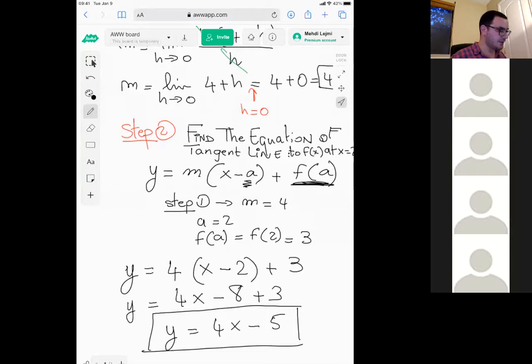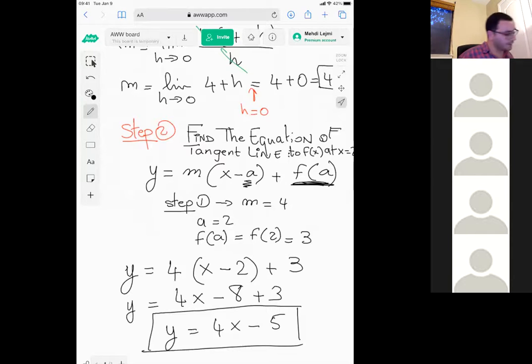So this is the equation of the tangent line. And so we said, again, the motivation is that this line, or this linear function, is the best linear approximation to the function f in a small neighborhood of a equals 2.